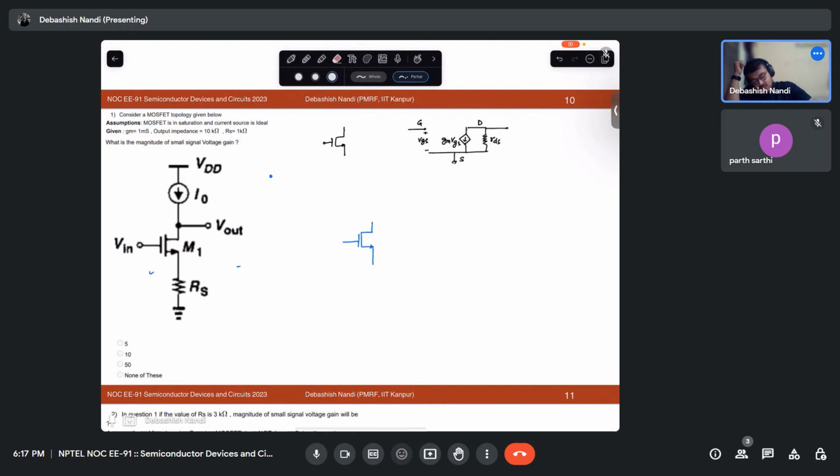And in small signal, what will be your current source? You have a Vin here, right? And you have an RS here.